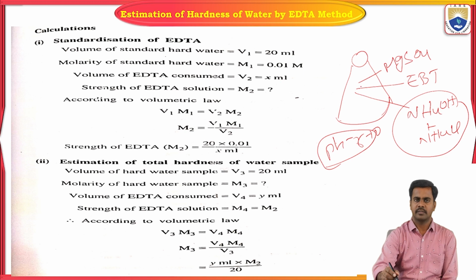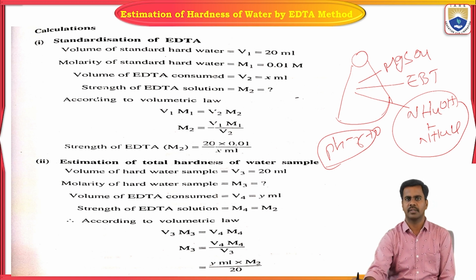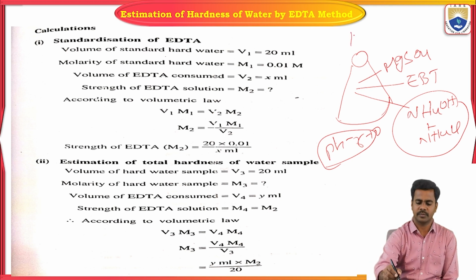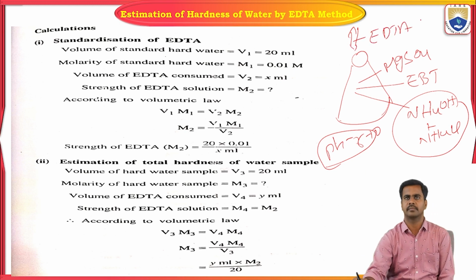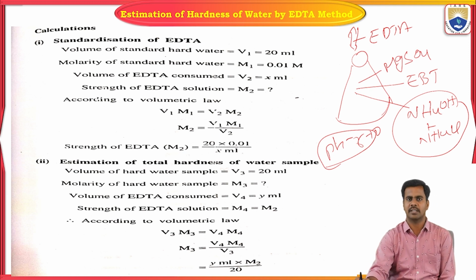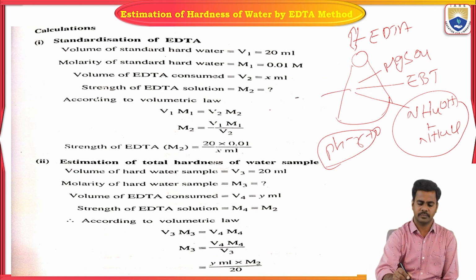Then the contents present in the conical flask are titrated with EDTA, by adding EDTA from the burette. The burette contains EDTA. Initially, the color of the solution present in the conical flask is wine red.